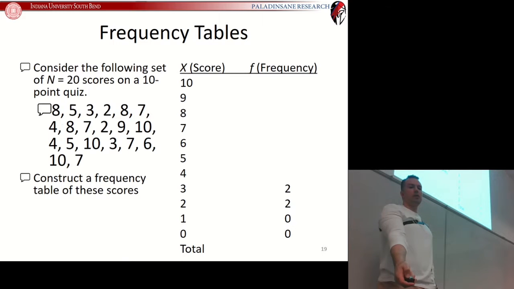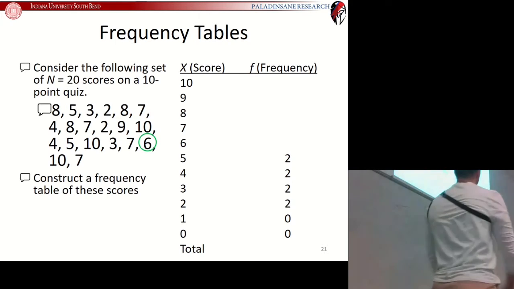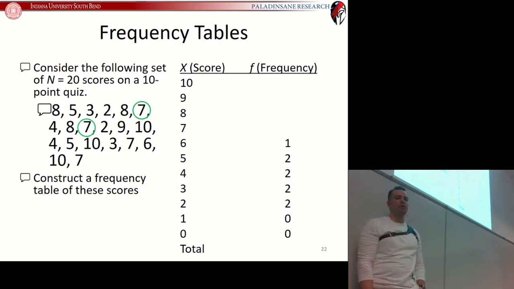So we have 2 individuals who scored 4 out of 10. We have 2 individuals who scored 5 out of 10. We have only one person that scored 6 out of 10, so that frequency is 1. We have 4 individuals that scored 7 out of 10, so the frequency for the possible score of 7 out of 10 is 4. 1, 2, 3 individuals got 8 out of 10.